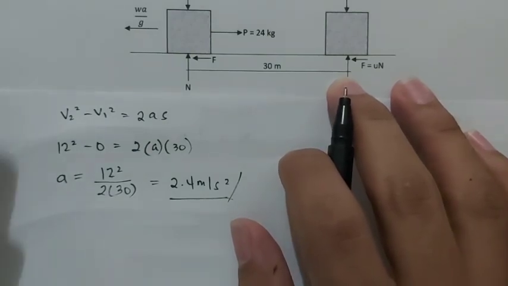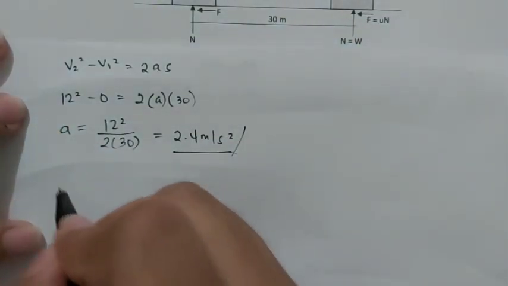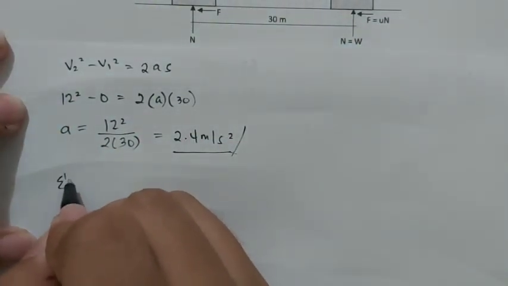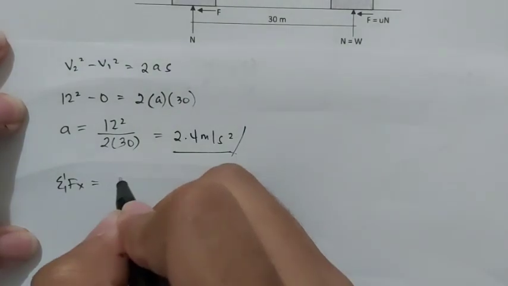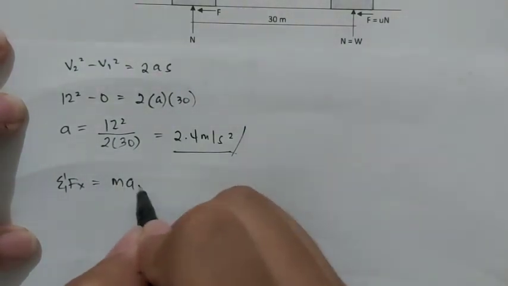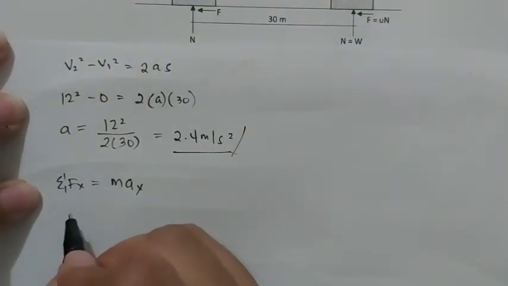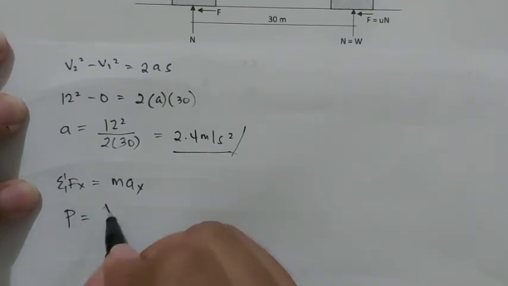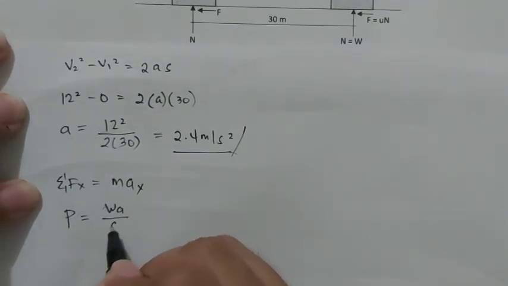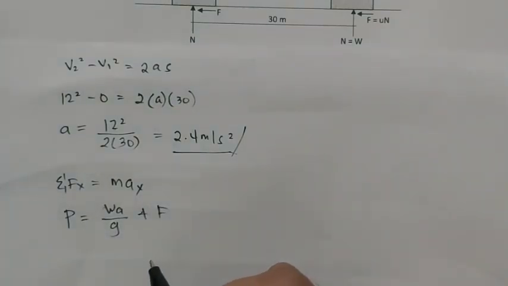To get that, we use the summation of force with respect to x. So, we have summation of force with respect to x is equal to mass times acceleration with respect to x. So, summation of force, we have P is equal to weight times acceleration over gravity plus the friction force.